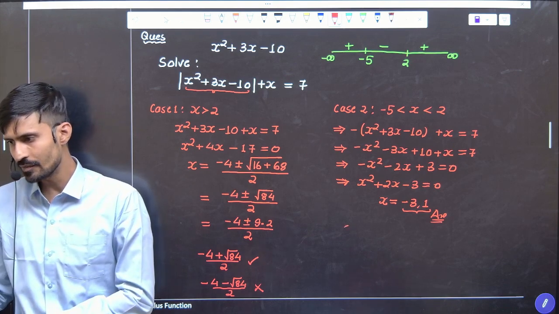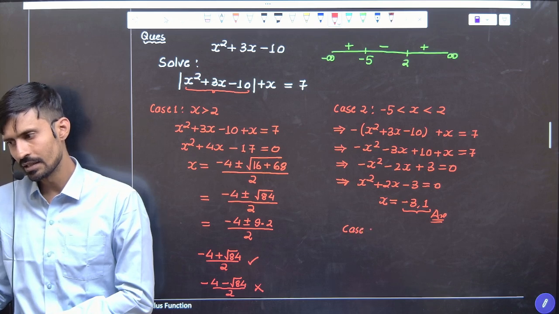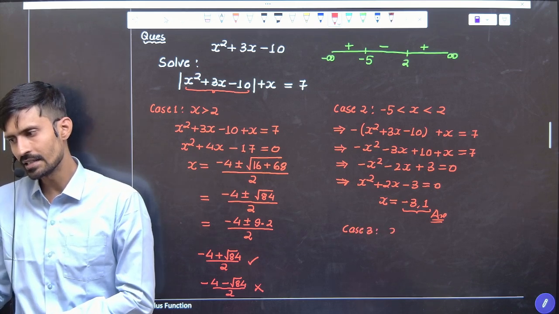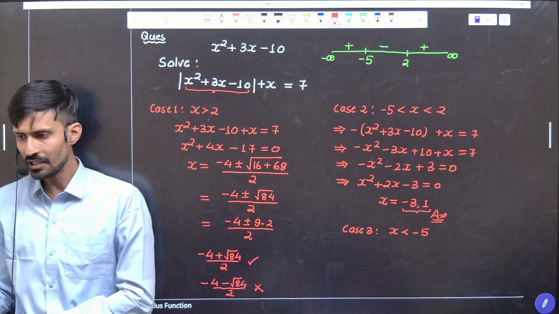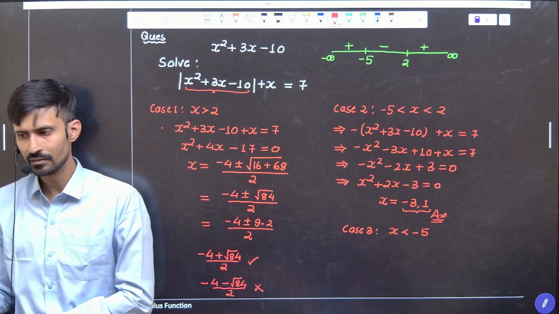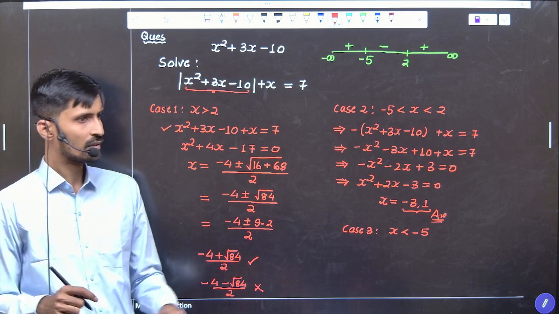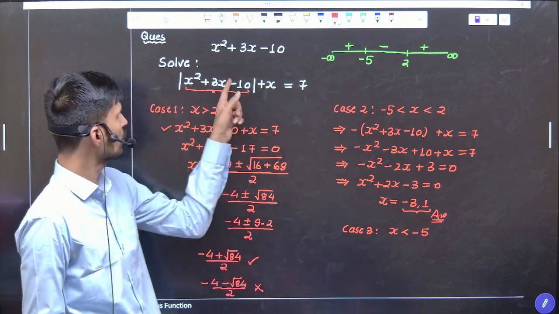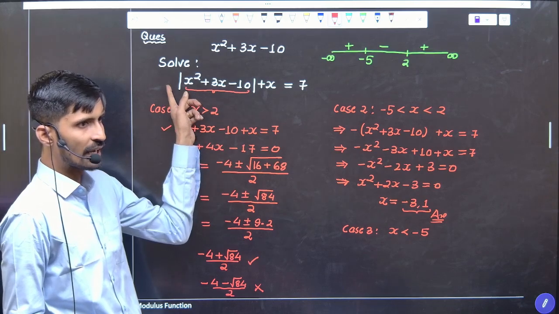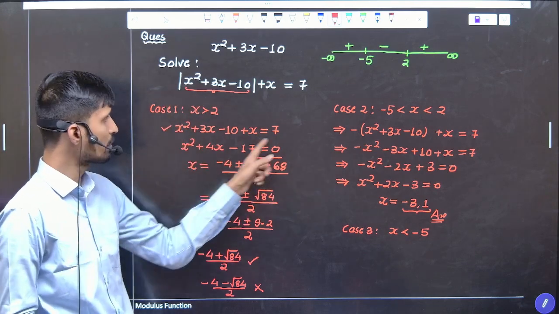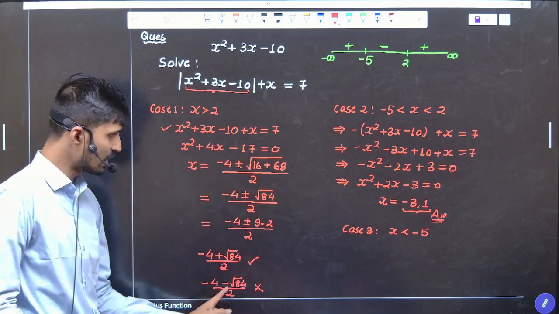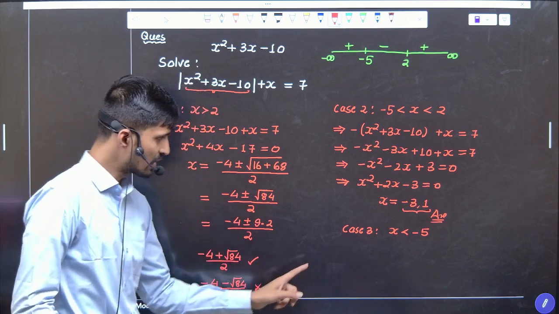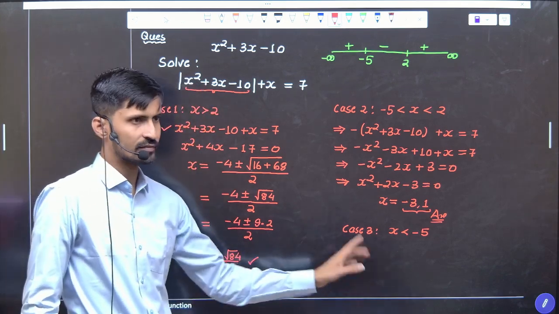Because in case third, when x is less than -5, yes, na? Then again you will get the same thing. In this case also, this mod will open with positive. And if mod will open with positive, the same equation you will get here. And when you solve, you will get the same thing here. It means here also the answer you will get is the same thing.